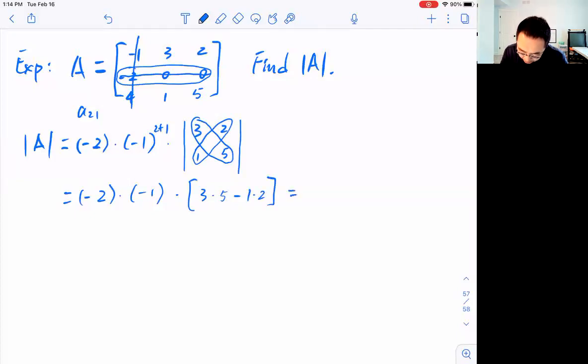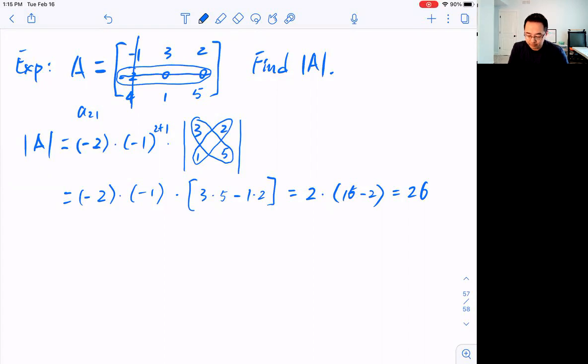And that gives you +2, because -2 times -1 is +2. +2 times 10 minus 2, which is 8, and that gives you 16. Wait, sorry, not 10. Sorry, that's 15. My apologies, I made a math error there. So 15 minus 2, that's 13. 2 times 13 is 26. Apologies for that. So that is the determinant of A, the 3 by 3 matrix that we had initially.